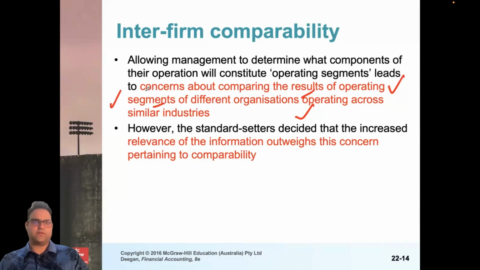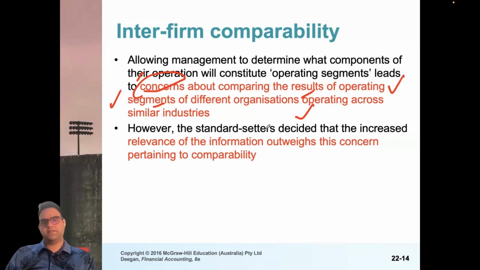The concern is that you might think one segment's sales are more than another's, so we should report A over B. But the standard decided that the increase in relevance of the information outweighed the concern for comparing. The information is more important in affecting the decision of the user than saying one sale is more or another sale is less.